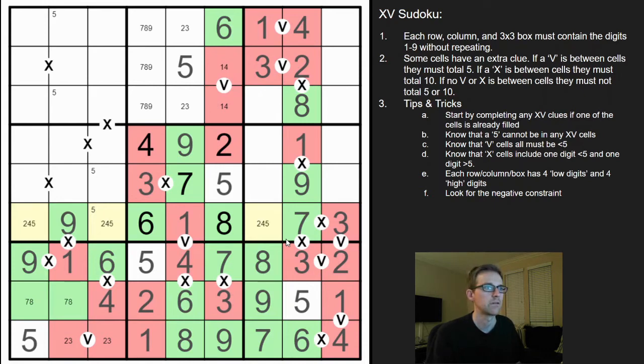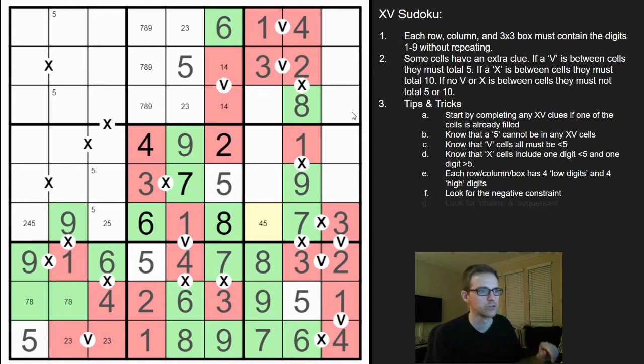This here can't be a 4 because of the 6 below it. 4 plus 6 is 10, but there's no X in between. For that same reason, this can't be a 2, because it's next to 8s. I don't know how helpful that is, but I'm sure that trick's going to come in handy down the road.